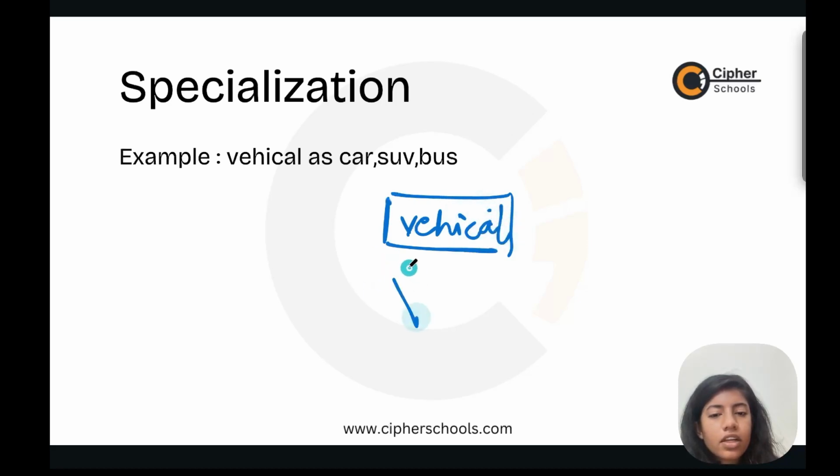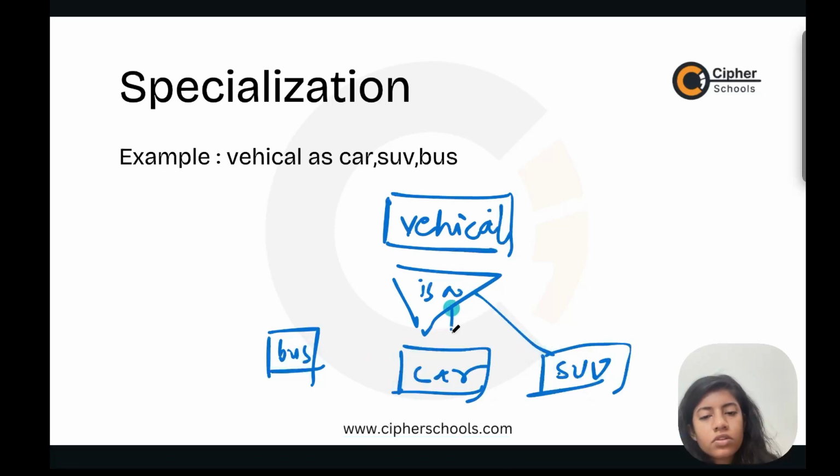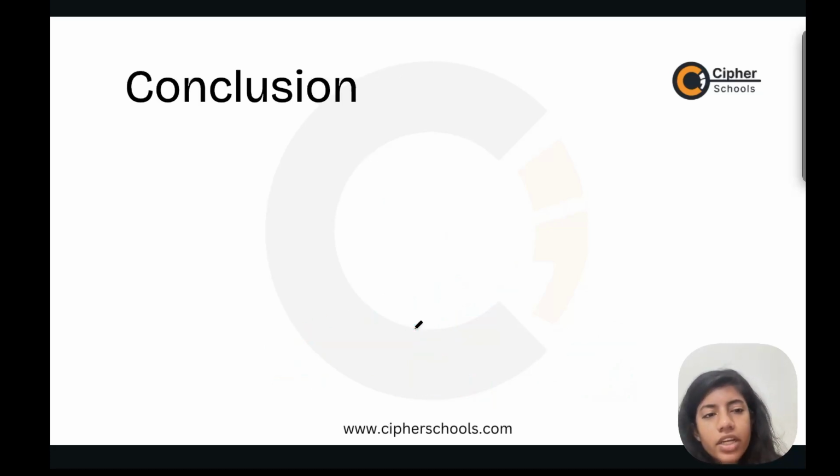Now we have again our ISA relationship. So what we can have is, we can have vehicle as bus. So this is how we divided our general entity into different sub entities. I think we're clear with this concept, and let us summarize what we learned about specialization, and then we'll be moving ahead.